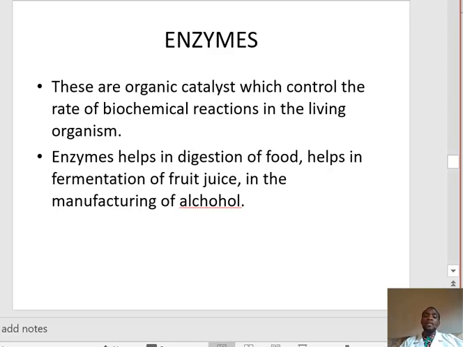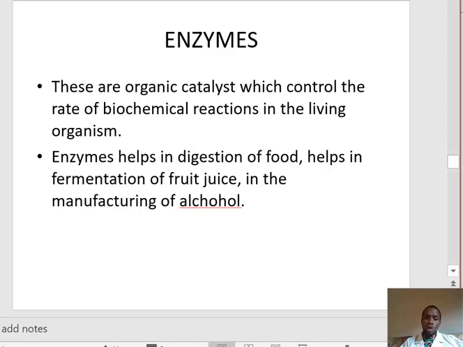If you look at different digestive enzymes, we have the enzyme ptyalin, which acts on carbohydrates and breaks them down into sugar molecules, maltose, lactose, and the rest. Then we also have the enzymes rennin, pepsin, trypsin, amylopsin, and the rest. All these work and cause digestion of food.